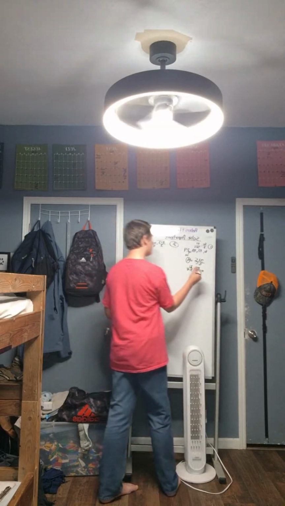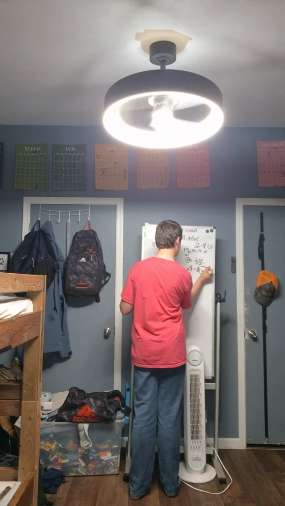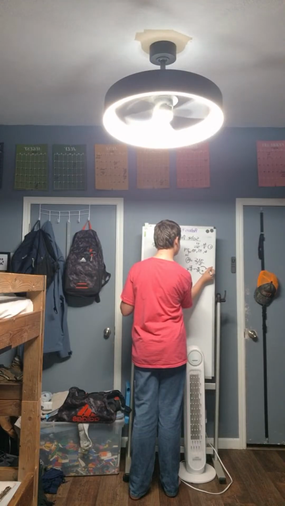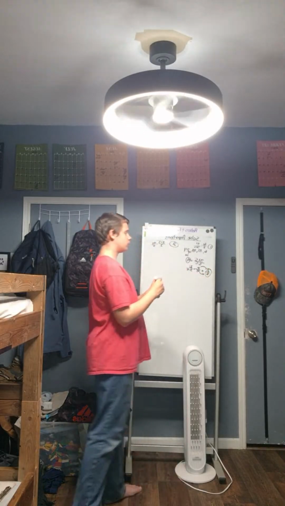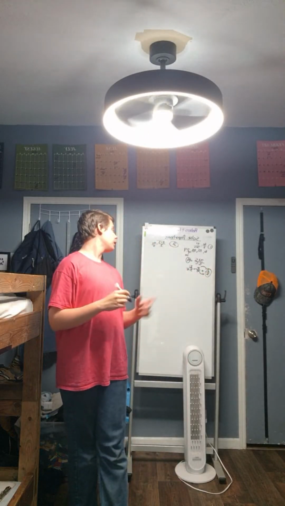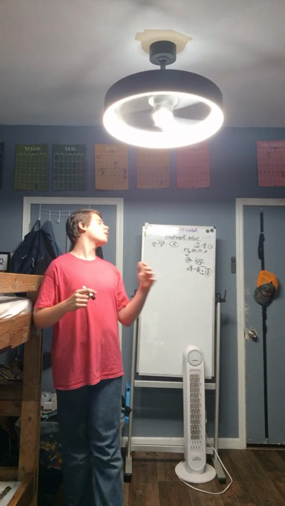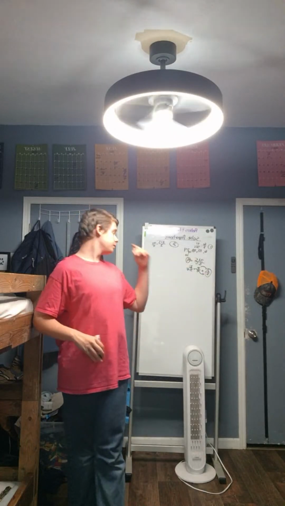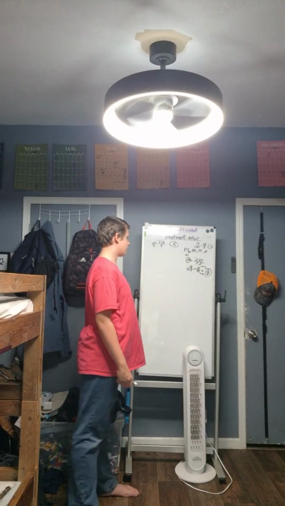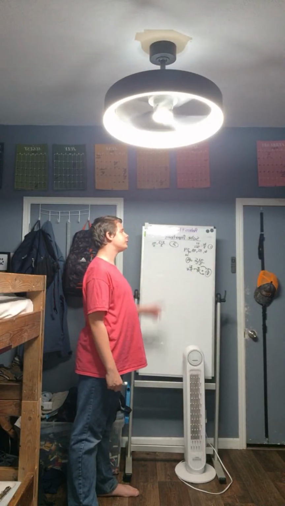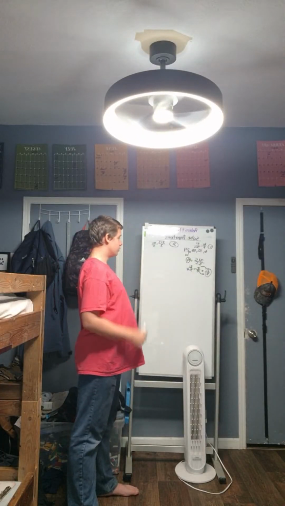But we could also simplify that to 2 over 3, because 6 divided by 3 is 2, and 9 divided by 3 is 3. Now let's move on to the second.